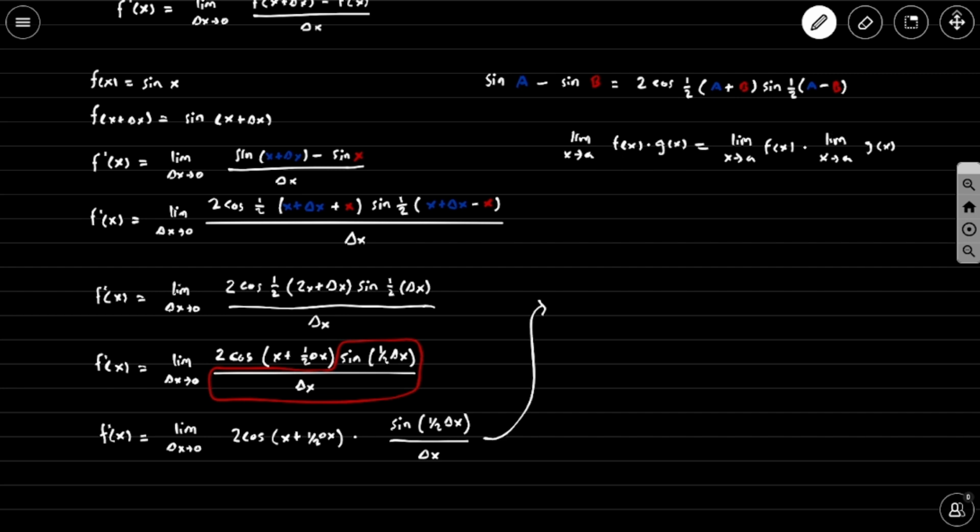Therefore, we have f prime x equal to the limit as delta x approaches 0 of 2 cosine of x plus half of delta x, times the limit as delta x approaches 0 of sin of half of delta x over delta x. So our limit just gets into both of these functions.